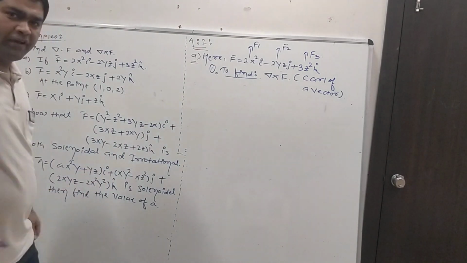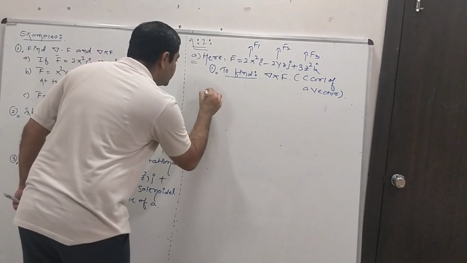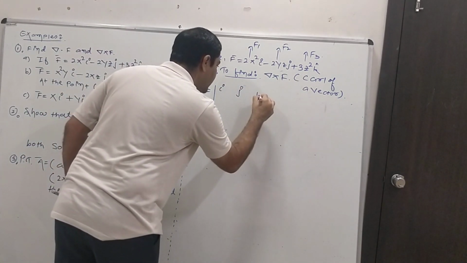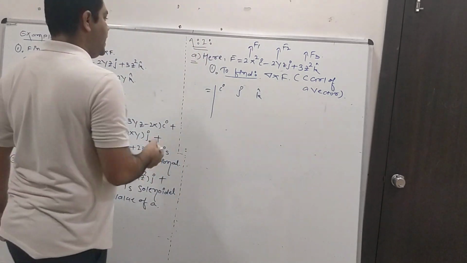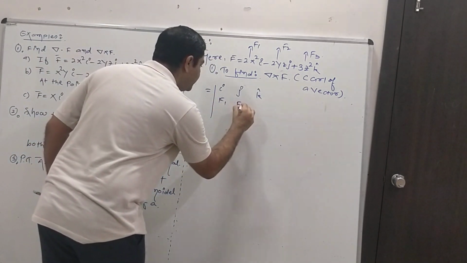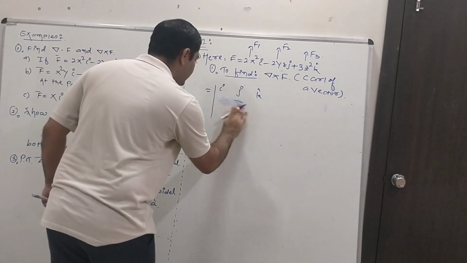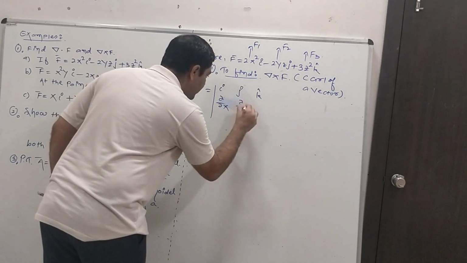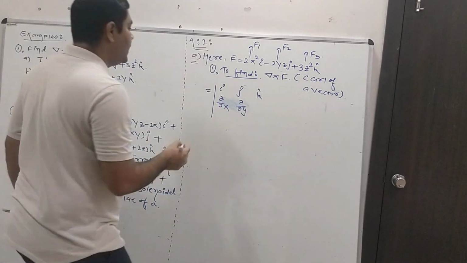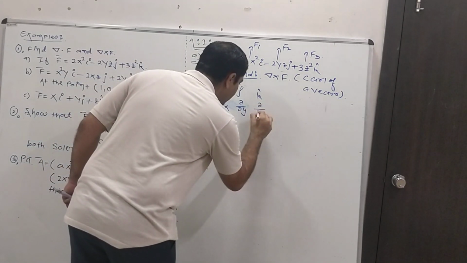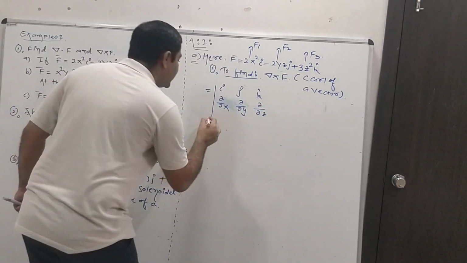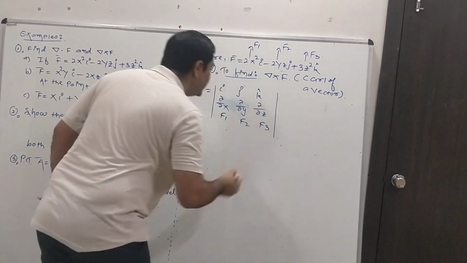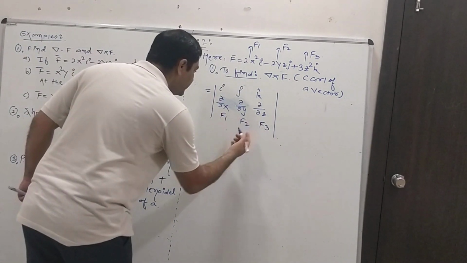So how we'll find the curl of a vector, students? This is equal to the determinant of i, j, k, del by del x, del by del y, del by del z, then we'll write f1, f2, f3. So we'll put the f1, f2, f3 here.